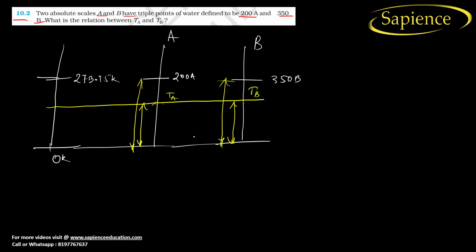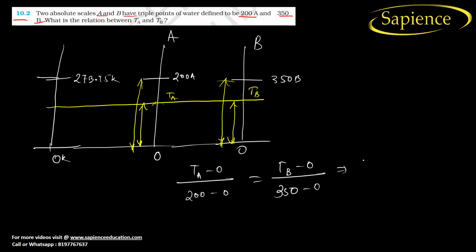So the ratio is TA minus 0, because it starts from 0, and this also starts from 0, because both are absolute scales. So we can write TA minus 0 by 200 minus 0 is equal to TB minus 0 divided by 350 minus 0.